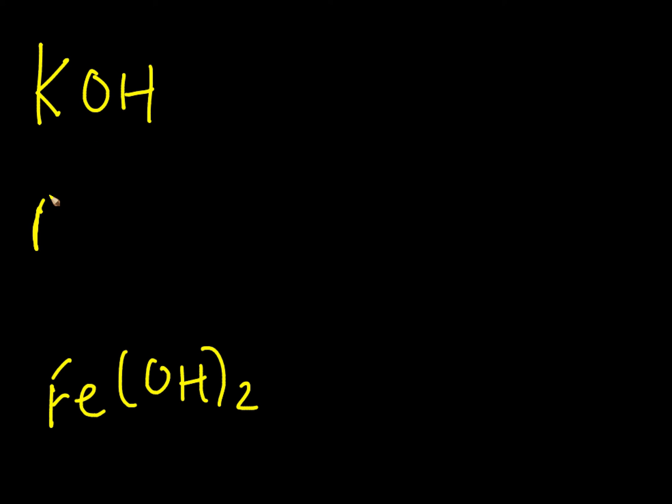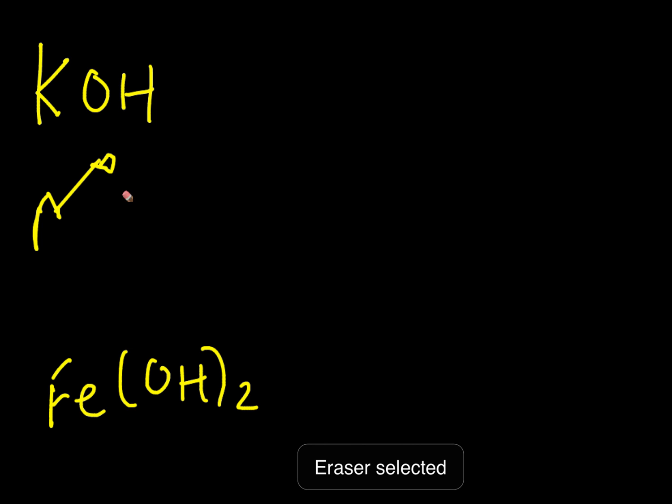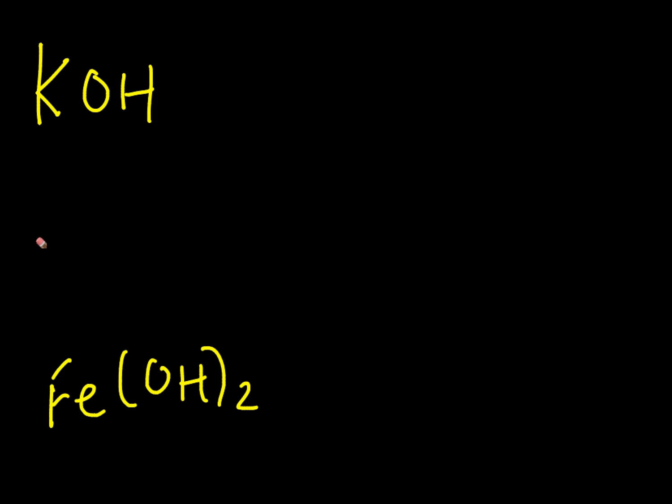Say we had KOH and Fe(OH)2. Okay, so we look here, we have our potassium. And then we know OH is hydroxide.